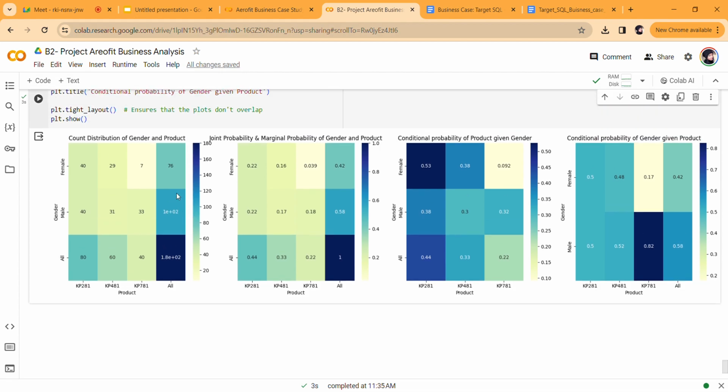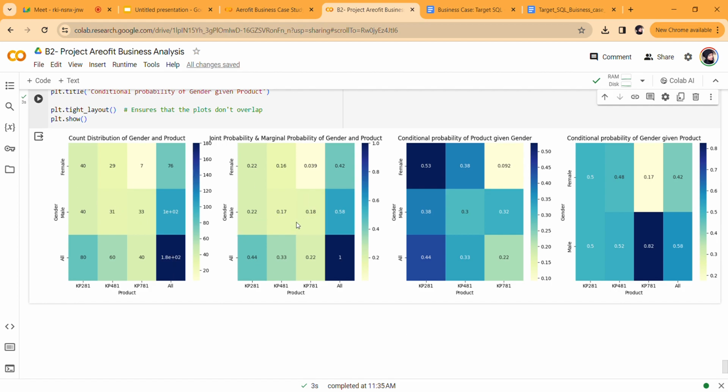Because of the space issue, we aren't able to see some. Only the two-digit data is coming; the values like 40, 30 and 33 will be something more than 100, and this is also more than 100, so it is not visible. But anyway, we are going to divide it by 180.